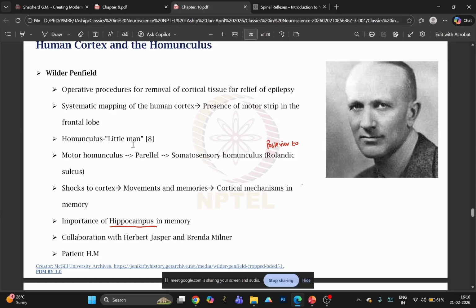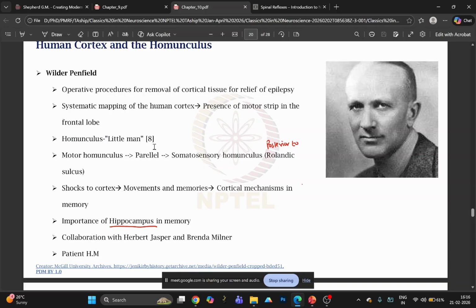This is not just true for the motor system, but also for other systems. There were different regions that mapped to different regions of the body. This was called the homunculus, or the little man.